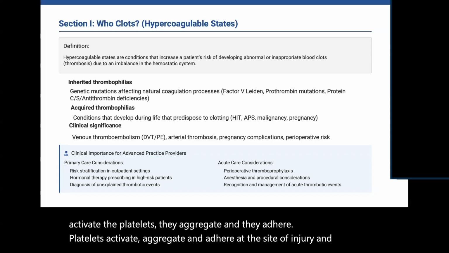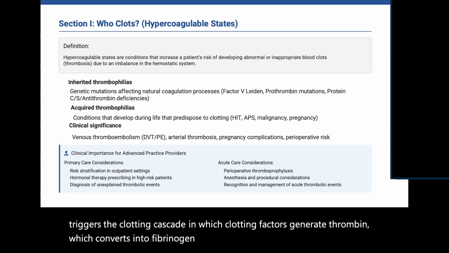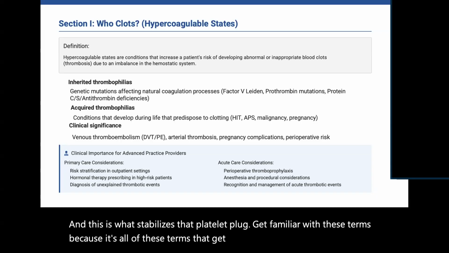And this triggers the clotting cascade, in which clotting factors generate thrombin, which converts fibrinogen into fibrin. And this is what stabilizes that platelet plug. Get familiar with these terms, because it's all of these terms that get derailed that are the reasons people are clotting.